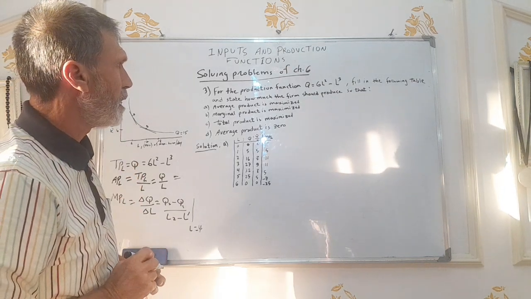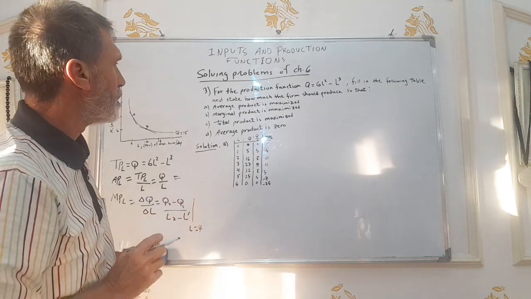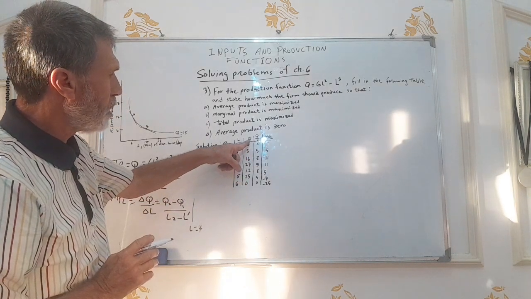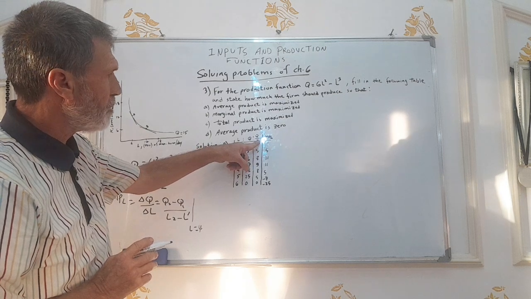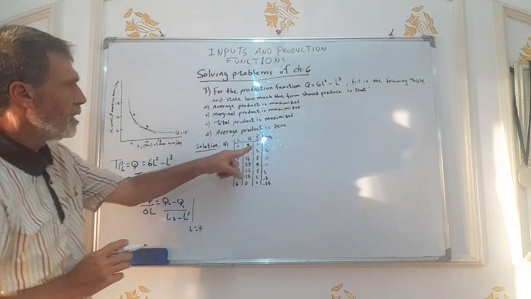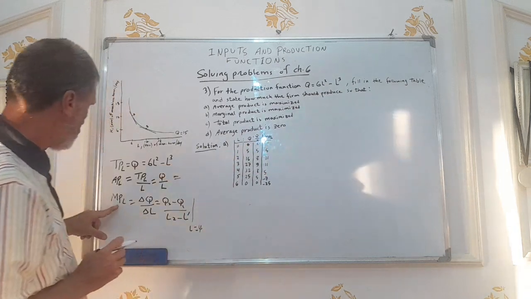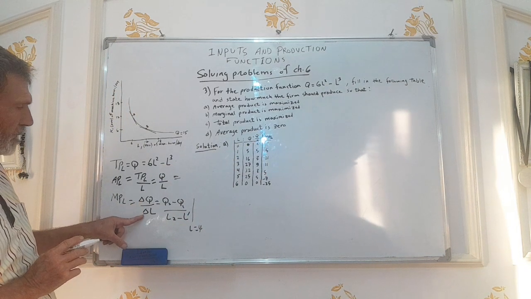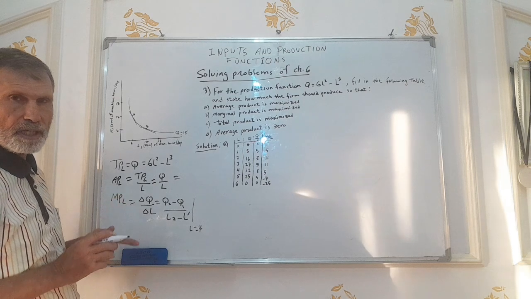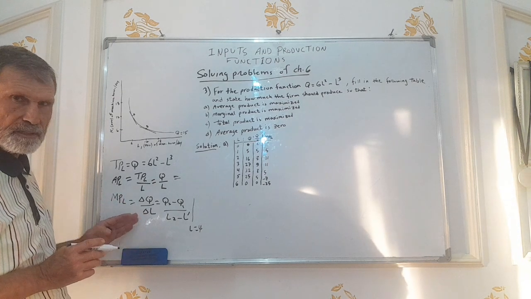It's not that hard, but we can do the calculus if you want. So now we get the values of the total product of labor, the average product of labor, Q over L, and the marginal product, which is delta Q over delta L, which means the derivative of Q with respect to L. We can find the derivative of that easily.